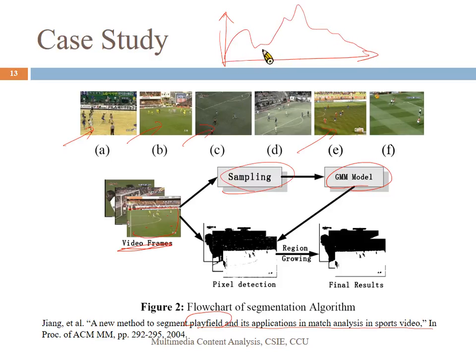That's quite complex. Then they use many Gaussians to describe the distribution of the soccer field. So that, given a pixel, they can more appropriately estimate the probability of this pixel belonging to soccer field. So that they can detect the pixels in soccer field, and after some post-processing, they can get good results.